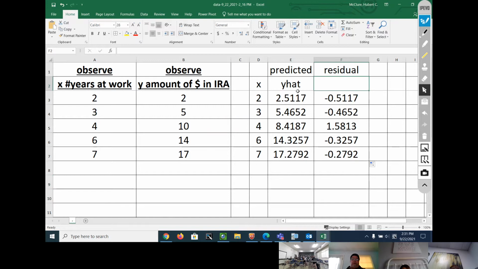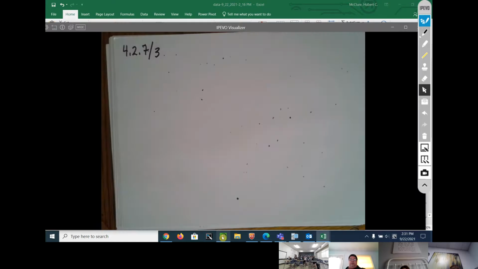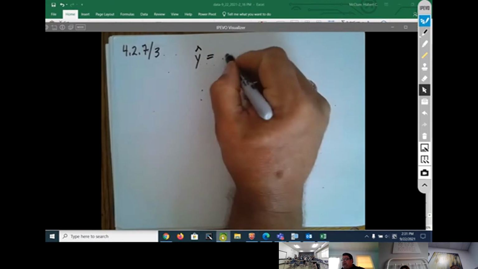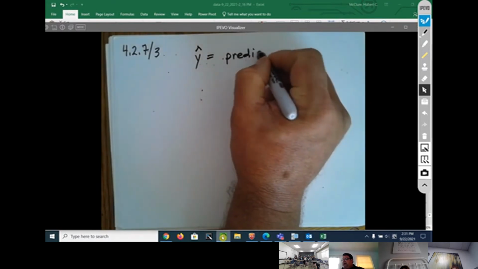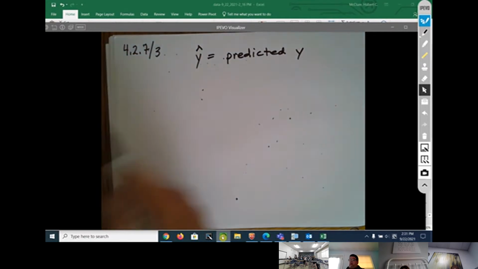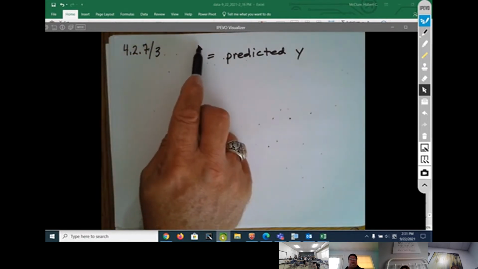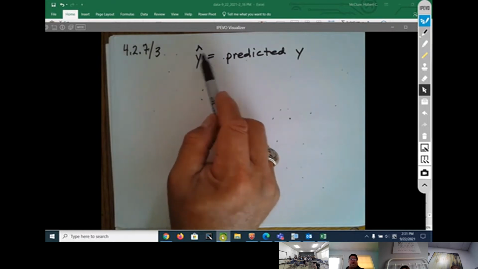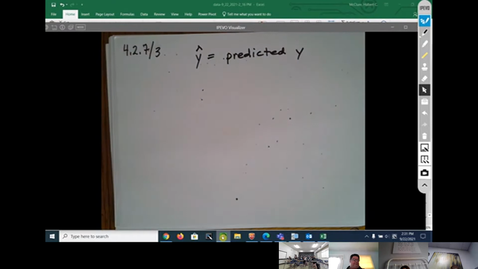And you can put y minus y hat. Let me show you what y hat means. Y hat is the predicted y. That's why I call it y hat. Anything in stat with a little caret symbol on it, K-A-R-E-T, is a predicted y.